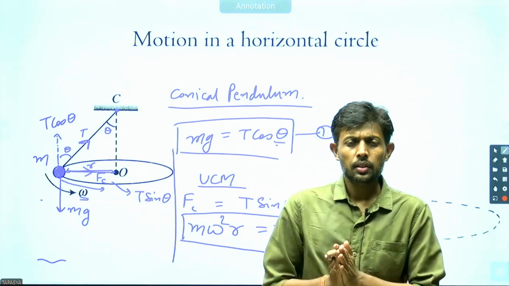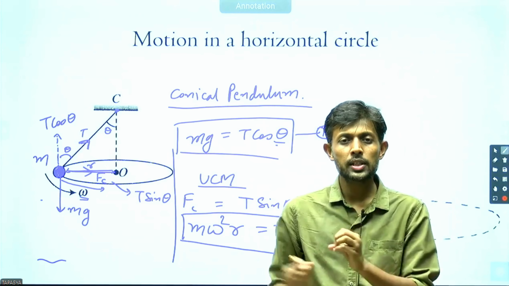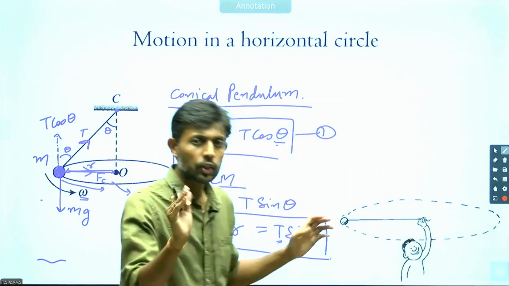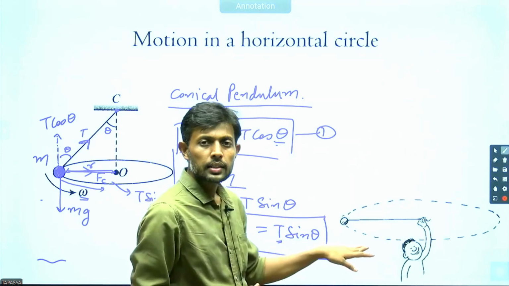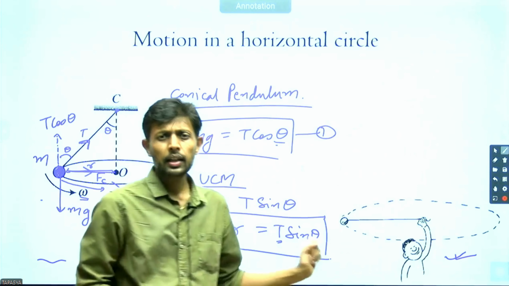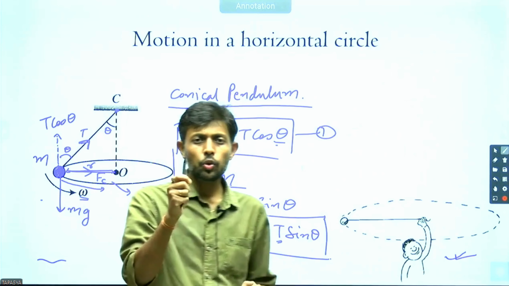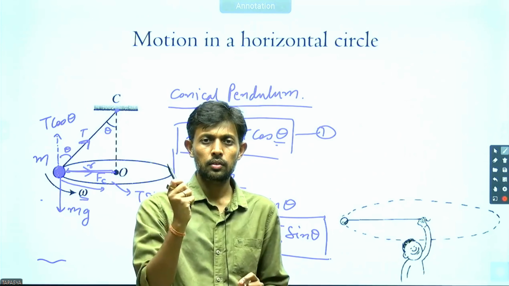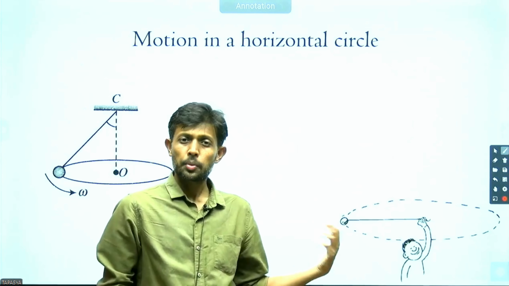But sometimes questions and books will simplify this horizontal motion, and they would tell you that the motion is happening something like this, something shown here. Now think about this. Is this practically possible? Can you rotate some object in a perfect horizontal circle?